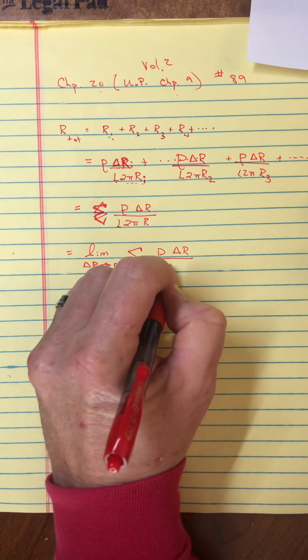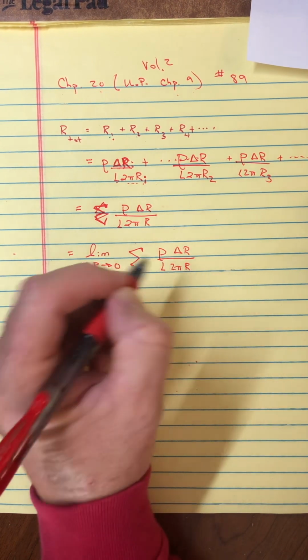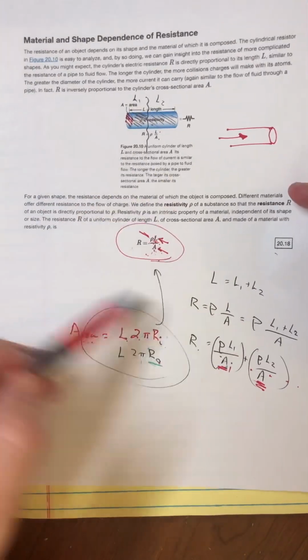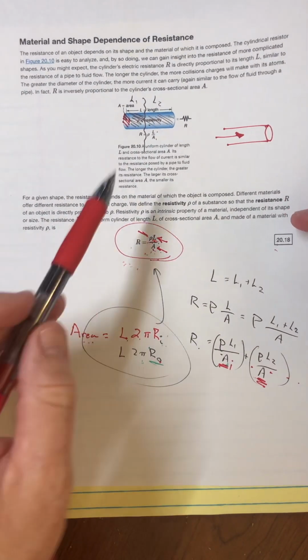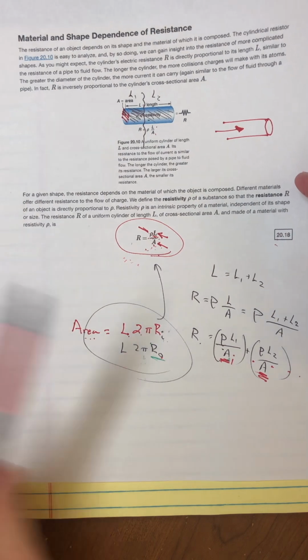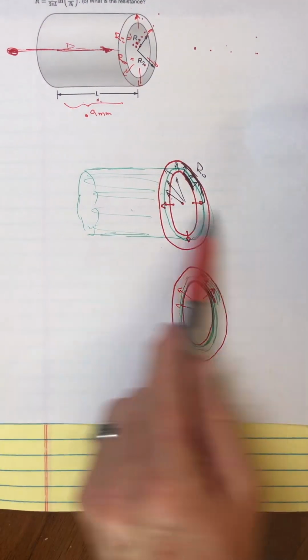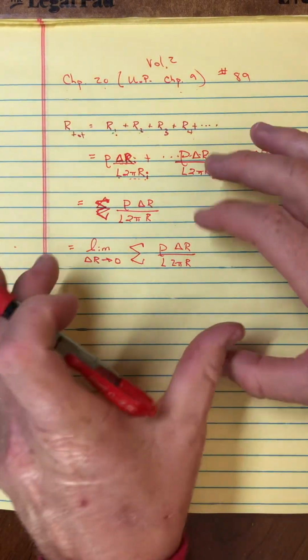And now finally, after putting the ideas from the book together, and like I said, some tough ones, the fact that we've got to add the resistance, the fact that we're going to add an infinite number of them, the fact that the current goes radially and not axially, is all that right there.